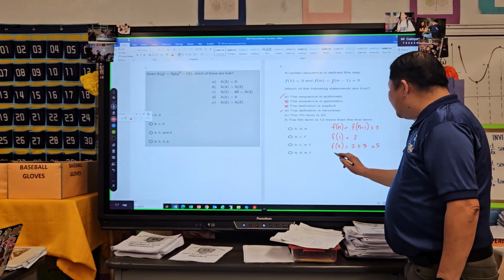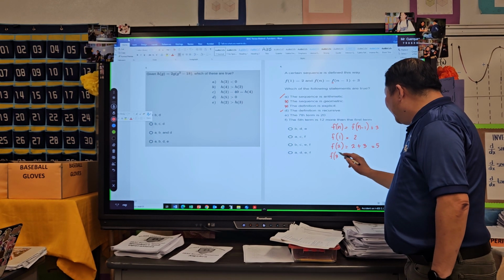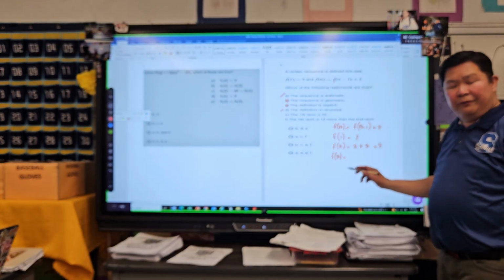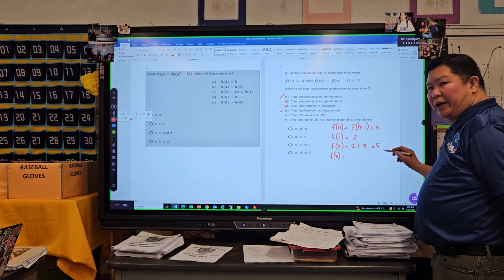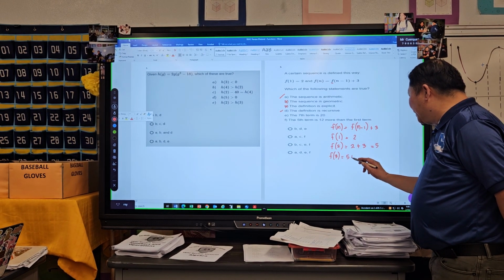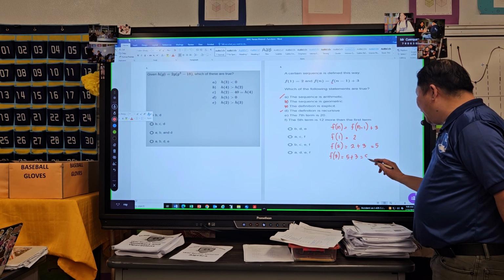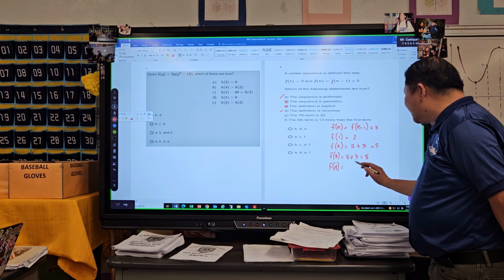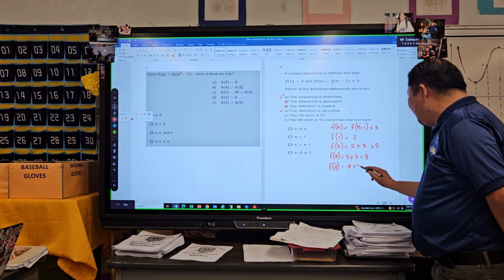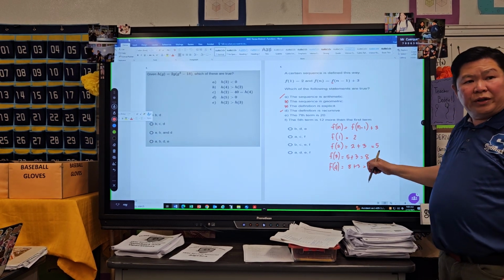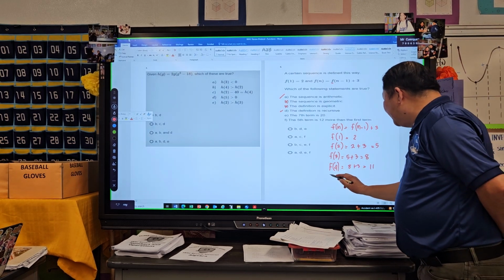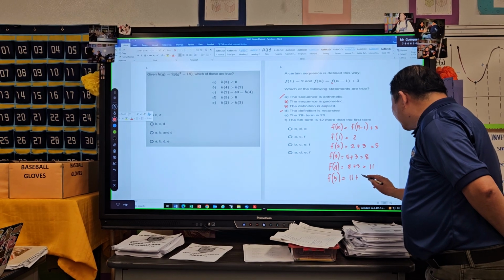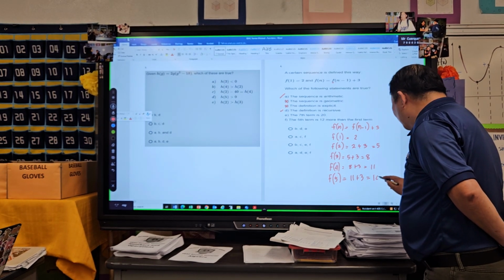Next, proceed to f of 3. F of 3, this means 5 plus 3. Did you get me? 5 plus 3. The previous is 5. So 5 plus 3 is equal to 8. And then what about f of 4? F of 4 is 8 plus 3 is 11. This is recursive, guys. And then f of 5. F of 5 is equal to 11 plus 3, which is 14.